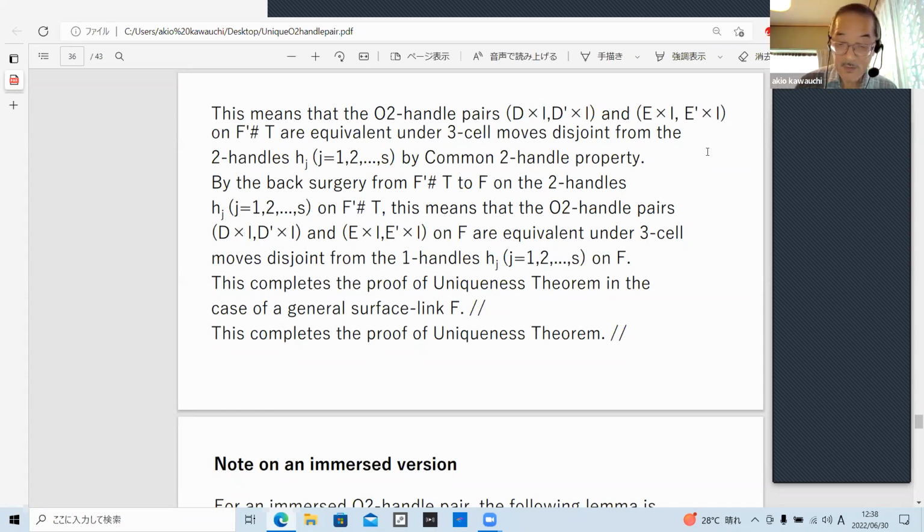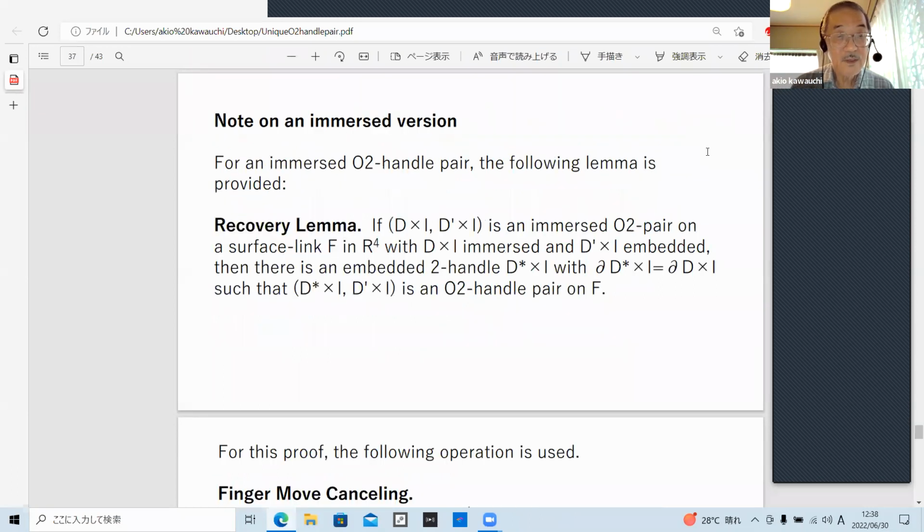The next is considering an immersed version. The immersed version is the recovery lemma.